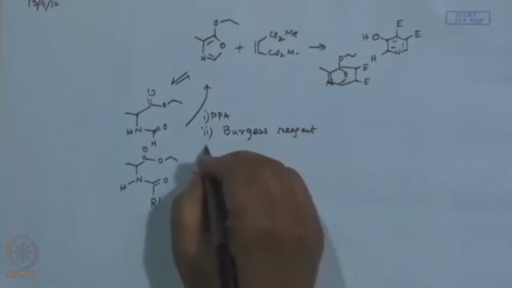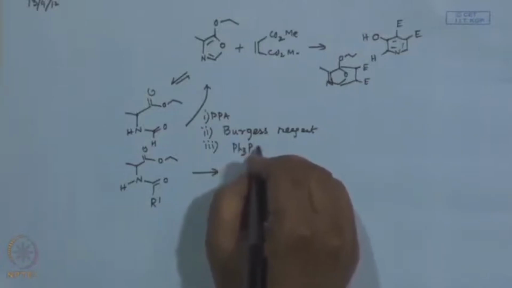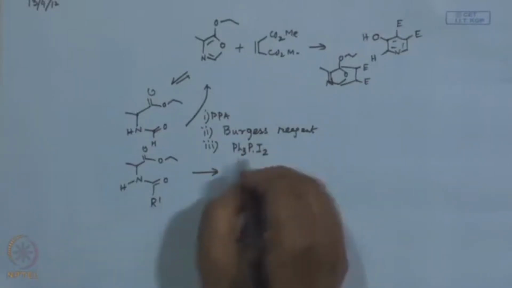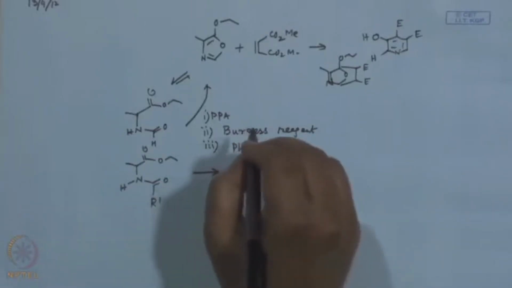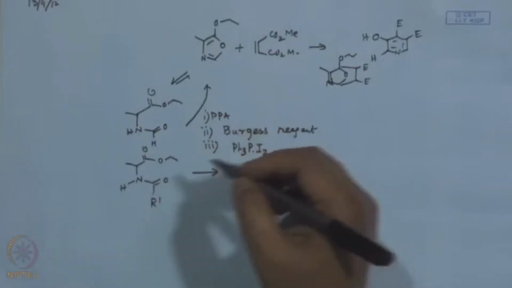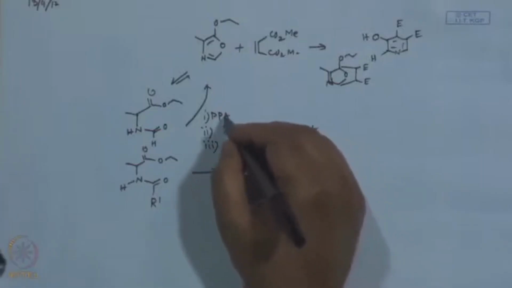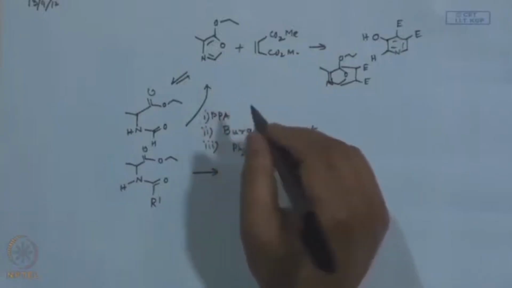Then you can go on talking about many things, and the next thing, which is very useful though, is the triphenylphosphine and iodine complex. Triphenylphosphine and iodine complex is especially very useful for oxazole sort of compounds. One can go on talking about other possibilities, but these are the reagents which have proven to be very effective in the formation of the isoxazole.